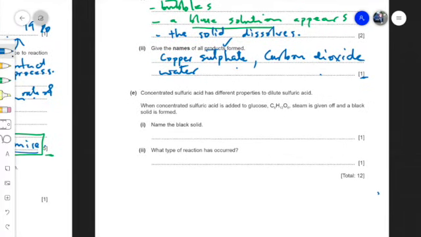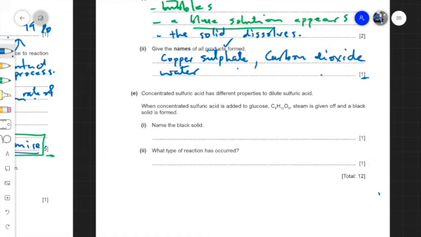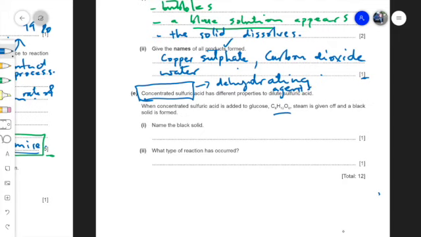Concentrated sulfuric acid has different properties to sulfuric acid. When concentrated sulfuric acid is added to glucose, steam is given off and a black solid is formed. Name the black solid. What you need to know is that concentrated sulfuric acid is a dehydrating agent, and because it is a dehydrating agent, it removes the water from this.